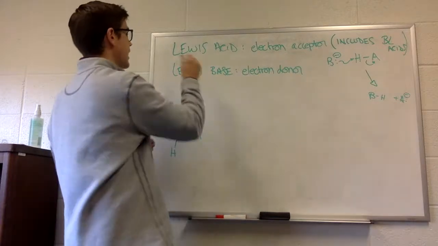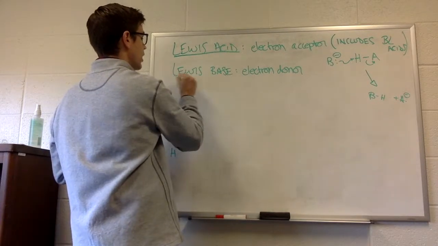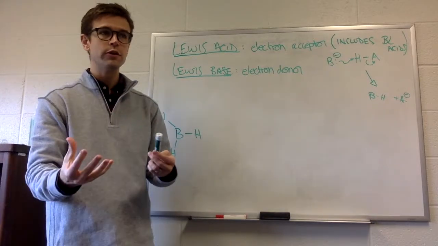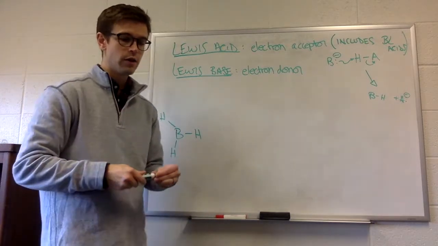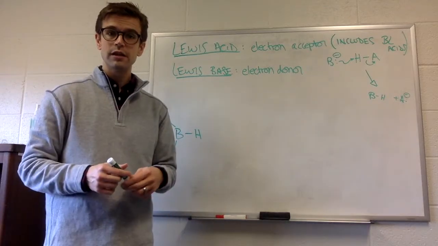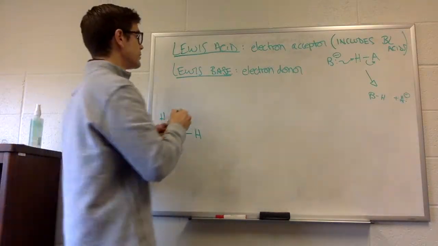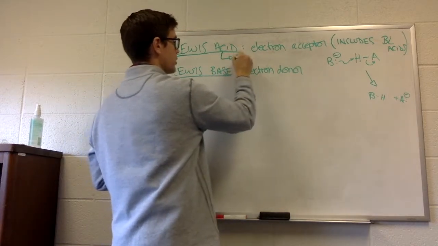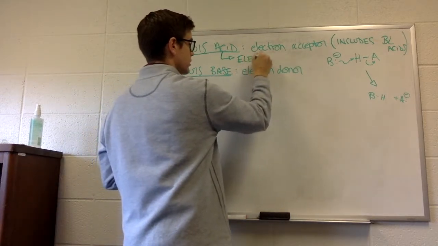And often Lewis acids and Lewis bases are the easiest terms to relate to nucleophile and electrophile. Electrophiles love electrons. That's what electrophile means. So Lewis acids are electron acceptors, so they are going to be electrophiles.